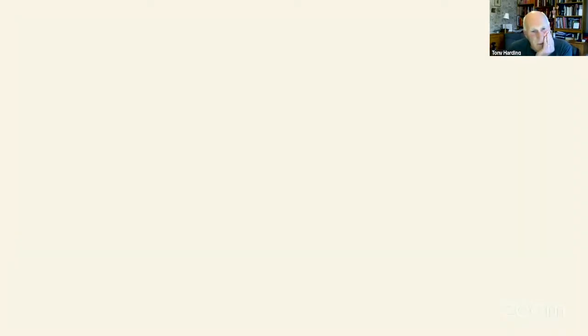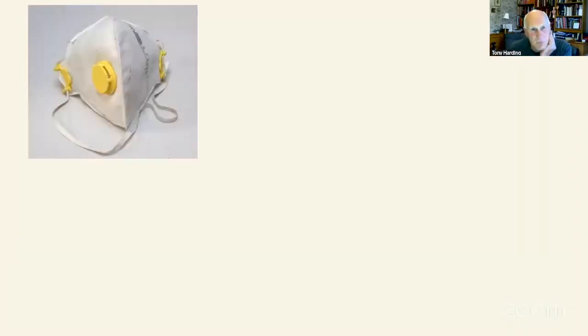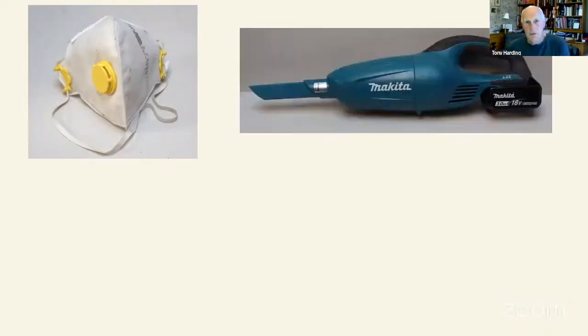Other stuff when I'm up there, face masks. So I was wearing face masks doing this stuff long before COVID came along. Little vacuum cleaner for two purposes really. The first thing that's going to happen when you open that loft hatch is a load of dust and bits of fiberglass and cobwebs are going to come down, and you want to be able to clear those up and leave somebody's home as you found it.